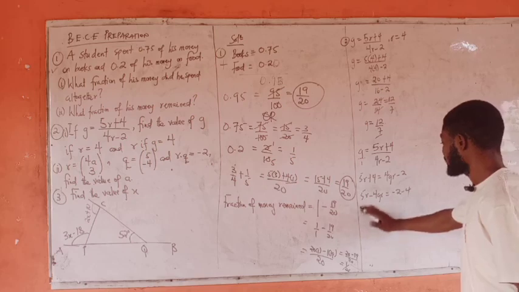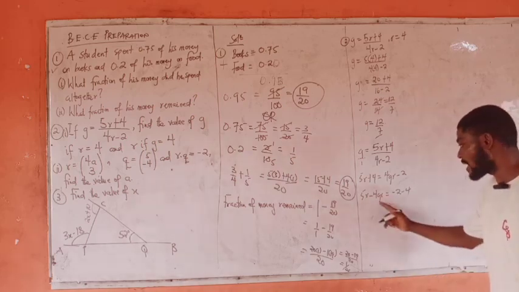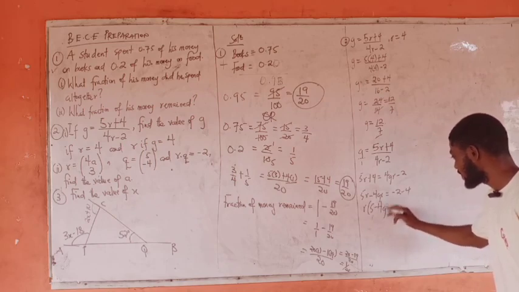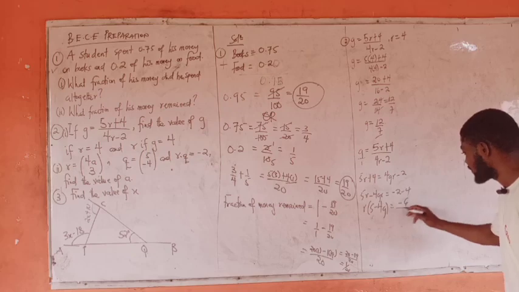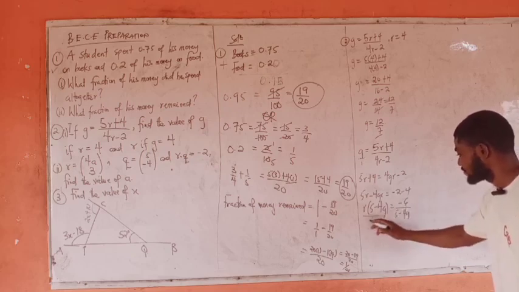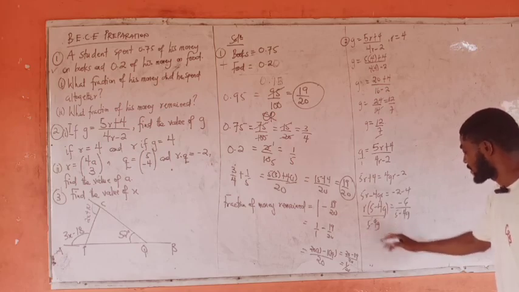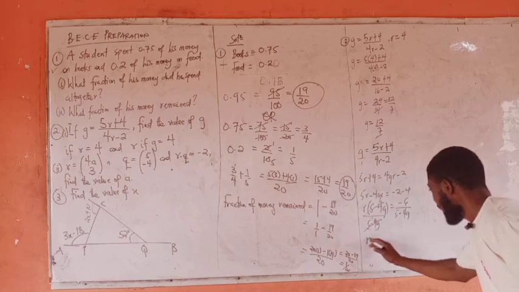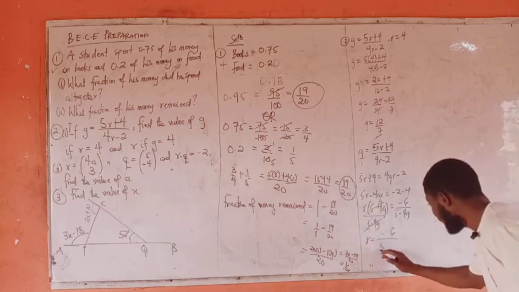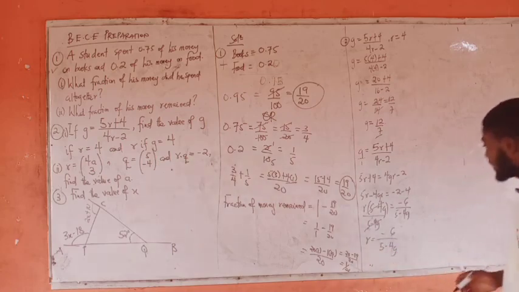R is what we are looking for, so we bring r out. R times 5 minus 4j is equal to minus 6, so r is equal to negative 6 over 5 minus 4j, like this.